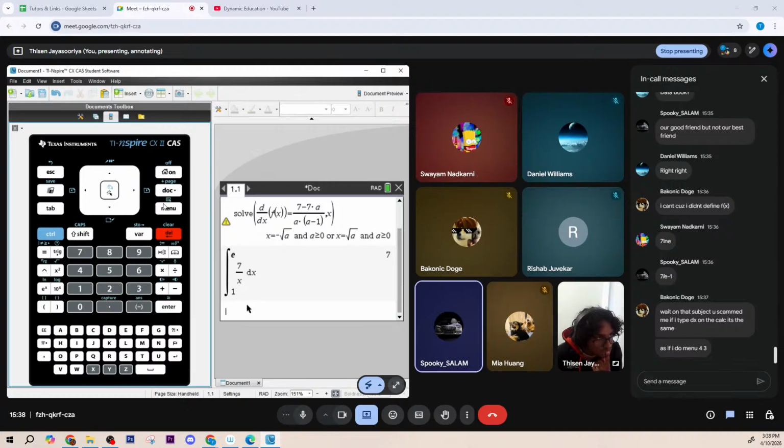Oh, no, that's for the average value. We just want to evaluate the integral here. You're talking about the average value formula. This is just evaluating the integral.